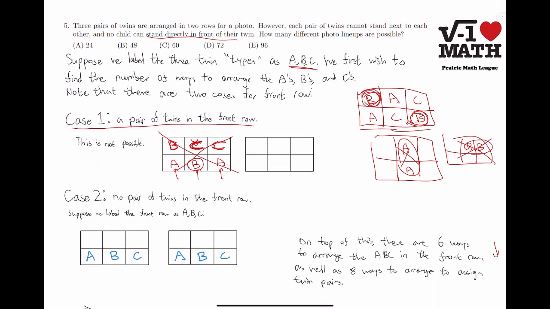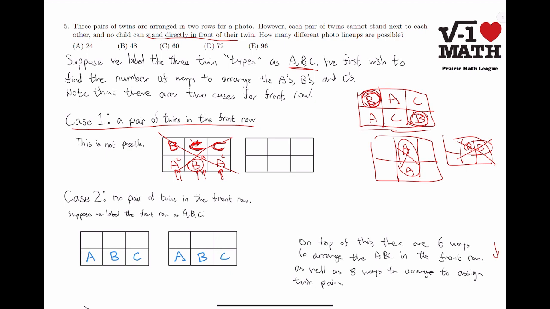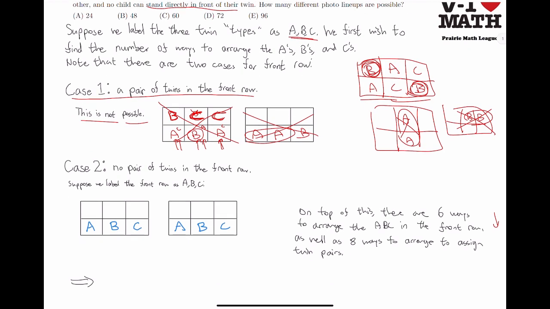Notice that we've specifically picked A, B, and A, but this works without loss of generality. So this could also be C, A, C, or something like that, and the argument would still hold. Similarly, we can't avert this by putting the twins next to each other because this already violates this rule. So this also doesn't work, and thus case 1 is not possible.